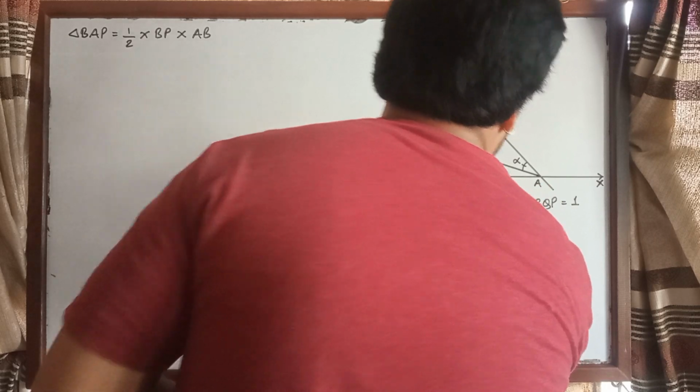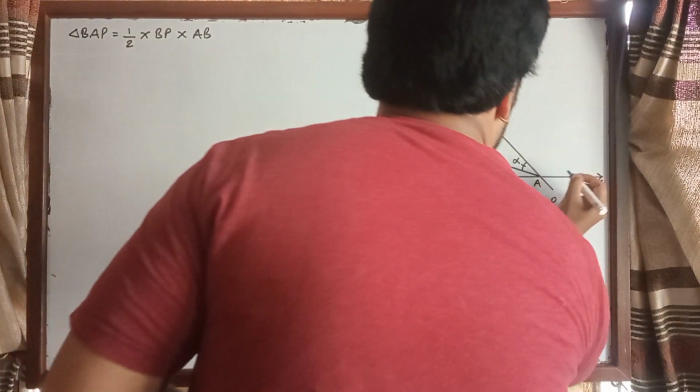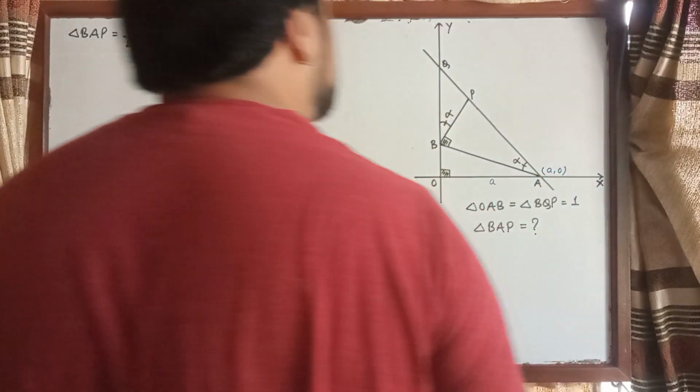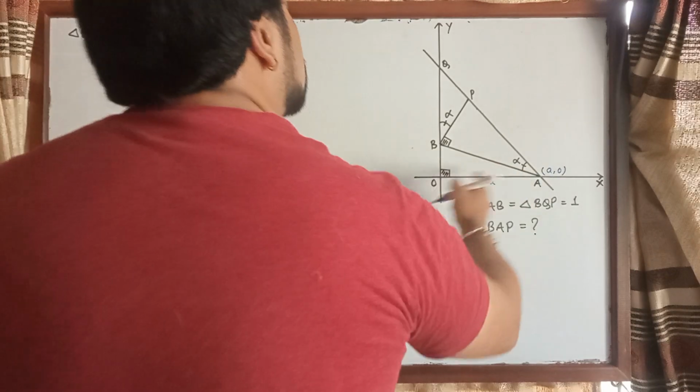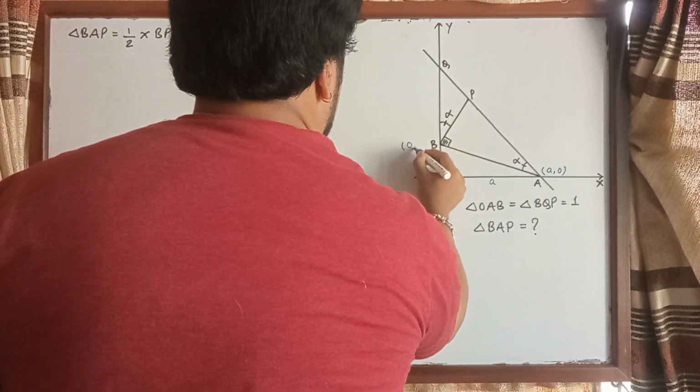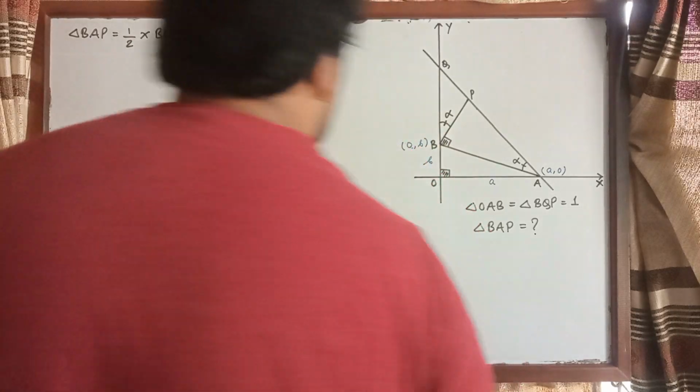To do this, let's suppose that OA is a, so that the coordinates of A are (a, 0), and OB is b, so that the coordinates of B are (0, b), like this.